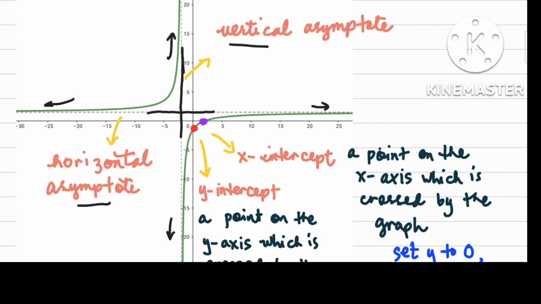We also observe that the graph touches the x-axis at this violet point here. We will call that point the x-intercept of the graph, and this point, which is crossed by the graph here on the y-axis, we will call the y-intercept of the graph.